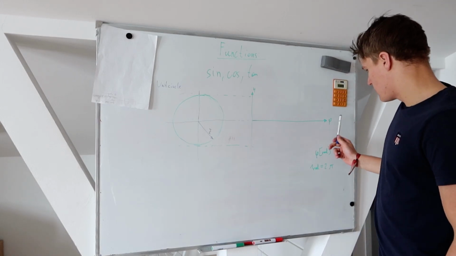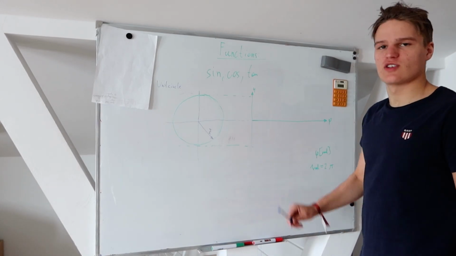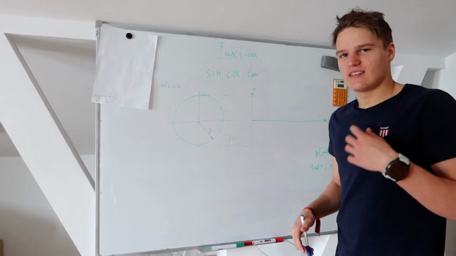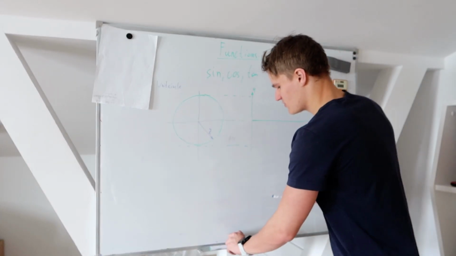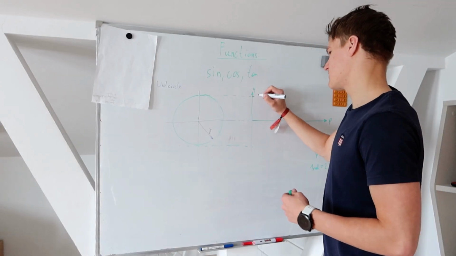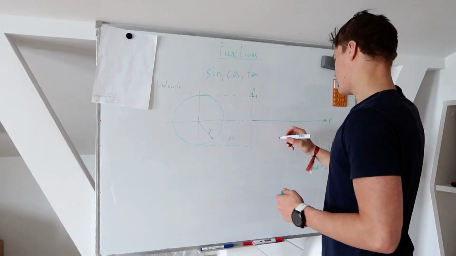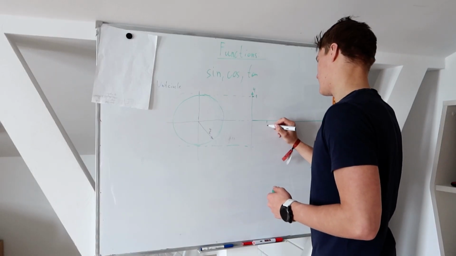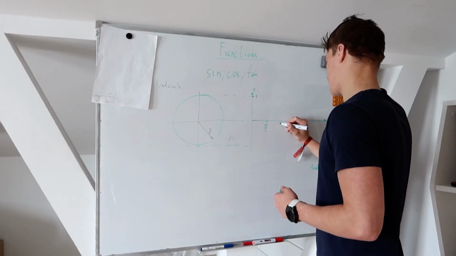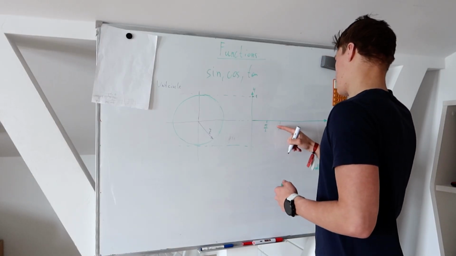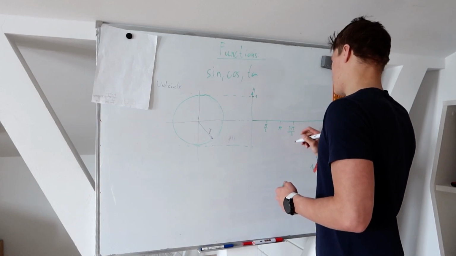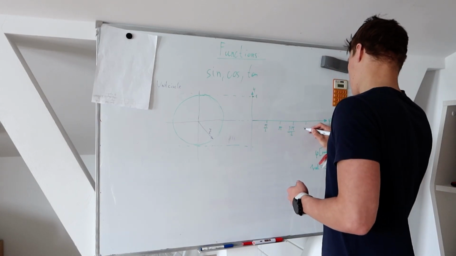So we have the angle and just some y value. Good. And now what we do is first we actually say 1 is here, because that makes sense, because the radius is 1. And now we can say, okay, we have pi over 2, and then in the same distance we have pi again, and then the same we have 3 pi over 2, and then we have 2 pi.